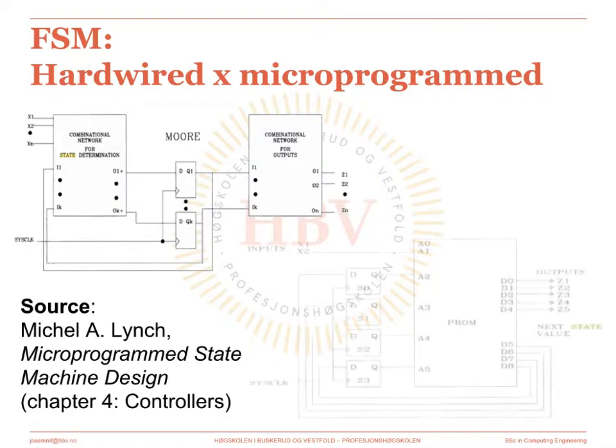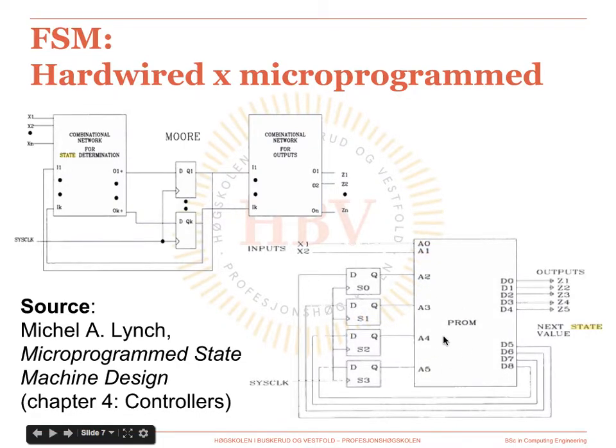It can also be designed as a microprogrammed architecture where a read-only memory is used to store the sequence of control signals and next state information. So instead of designing the generation of this set of signals as a hardwired approach, we do it in the content of a real read-only memory.